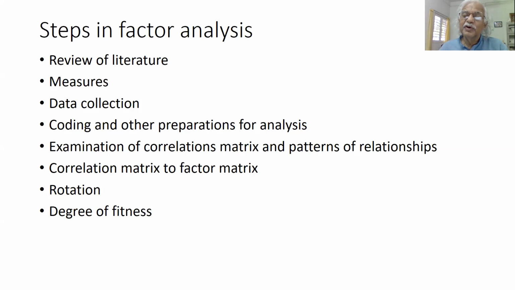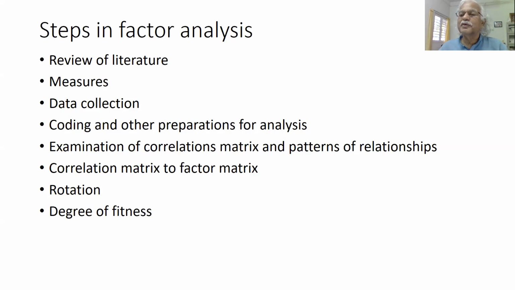If no variable correlates with any other variable, or if there are perfect correlations and relationships are not diffuse, then you do not apply factor analysis. And then you decide to go for factor analysis, from correlation matrix to factor analysis.